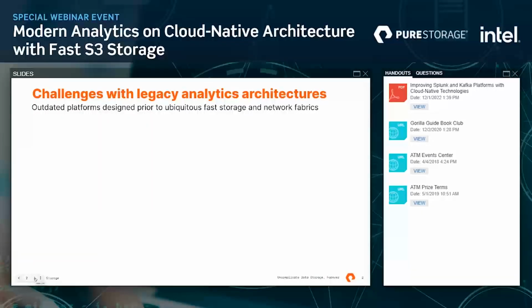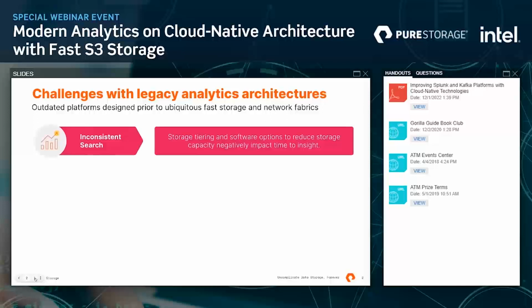At Pure, we focus on helping customers achieve their business goals and delivering positive outcomes. And so when we talk with many of our customers and we ask them how things are going with their analytics deployments, they often share with us the challenges that they have in this space.